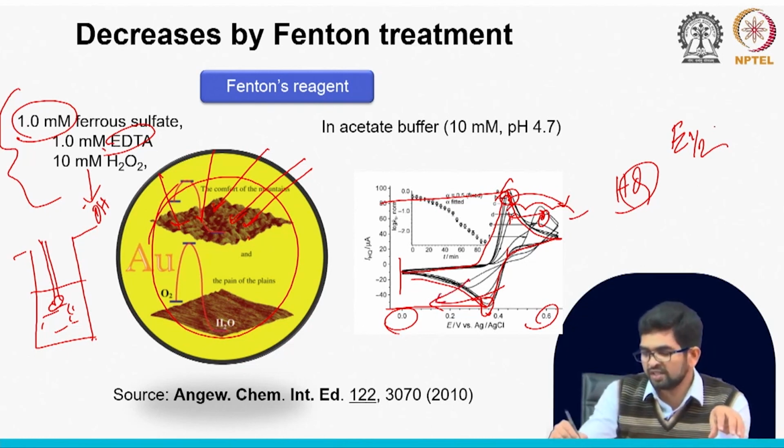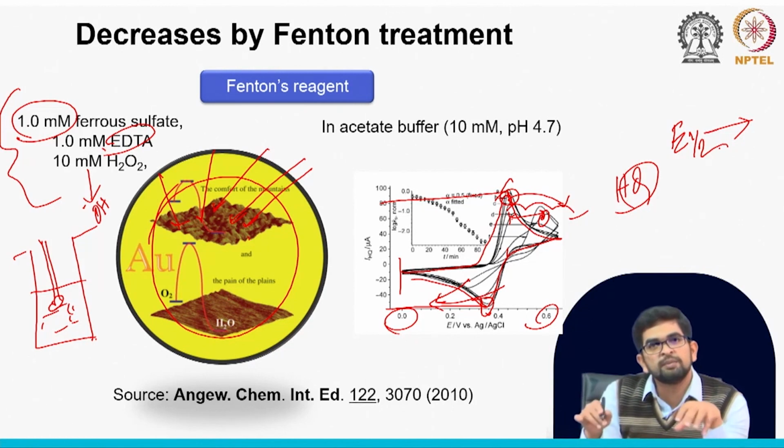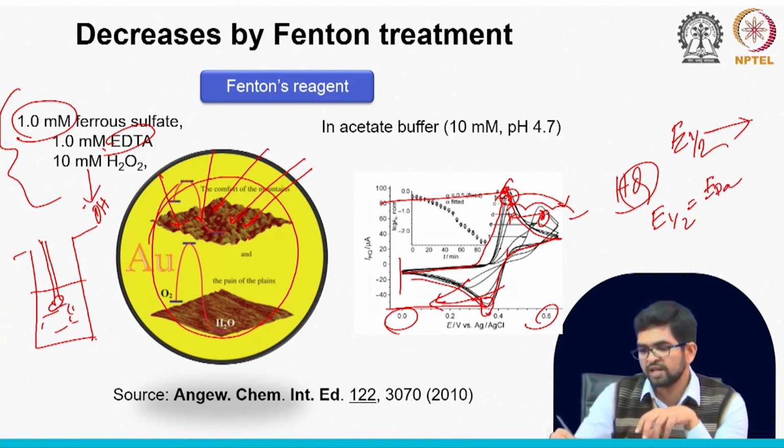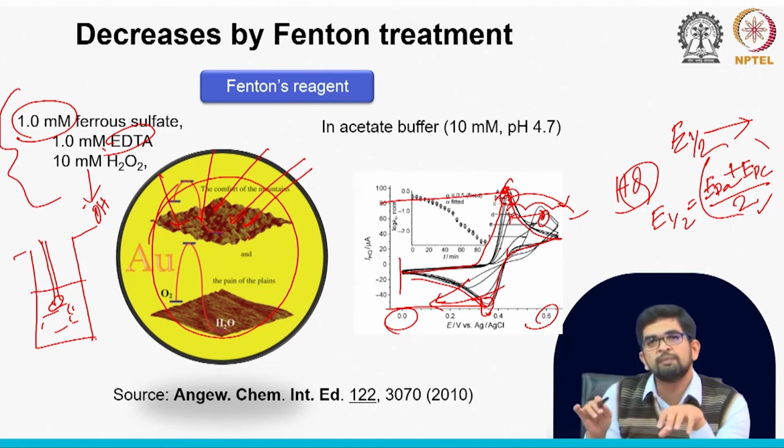So the E half value is slowly increasing. E half value, you can remember, is the anodic peak potential EPA plus the cathodic peak potential EPC, divided by 2, right. This is the E half value. So the E half value will increase.